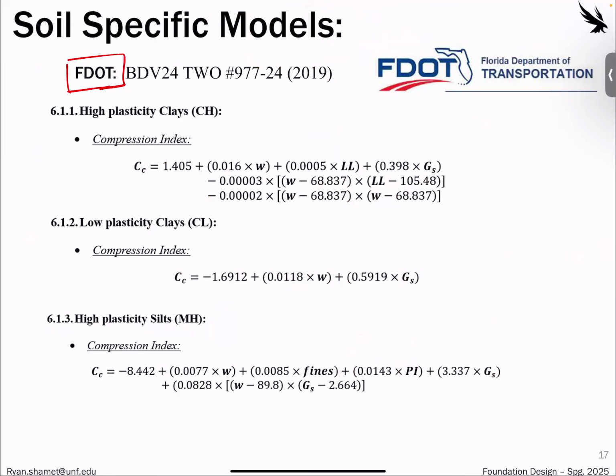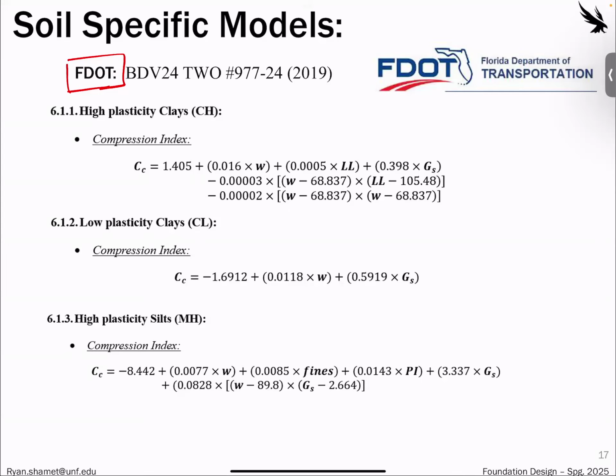So this was actually a project I was involved with at UCF when I was in grad school. It was published in 2019. And we took a database of like 600 consolidation test reports and had to dig through it all and populate this. And then we would send the data over to one of the statistics professors. And he created these models that have a higher accuracy for Florida soils.